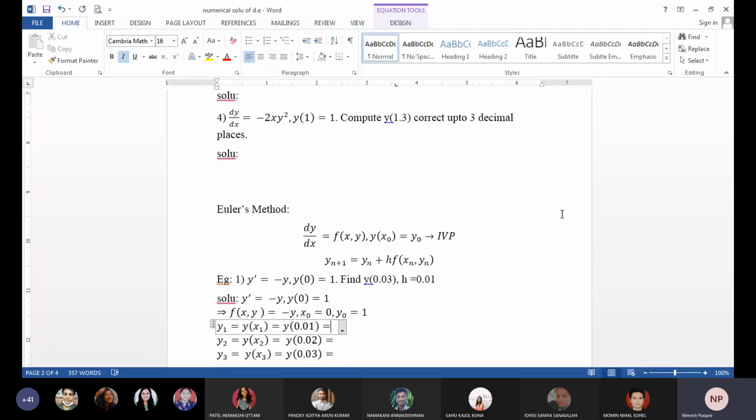Now using your Euler's method, what will be your y1?